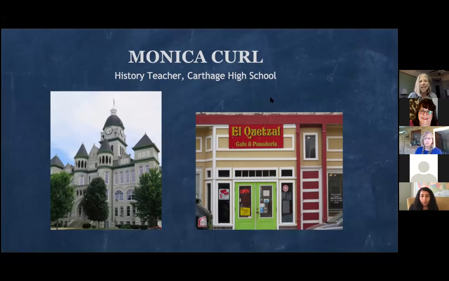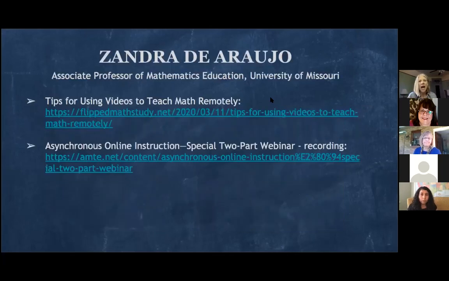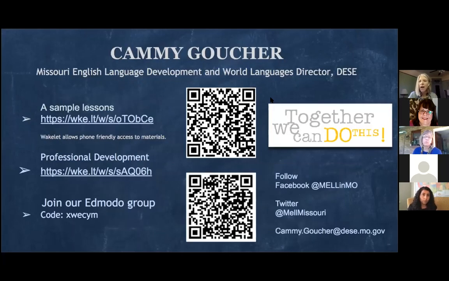Monica, you brought up a good point that it's not just contacting parents, but the caregivers, elder siblings, other people within households, because it's not always parents that the students are living with, and maybe you also have a lot of families living in one location, like Debra pointed out. Okay, so we have one more brief overview from Cammy, and then we'll go to our live Q&A.